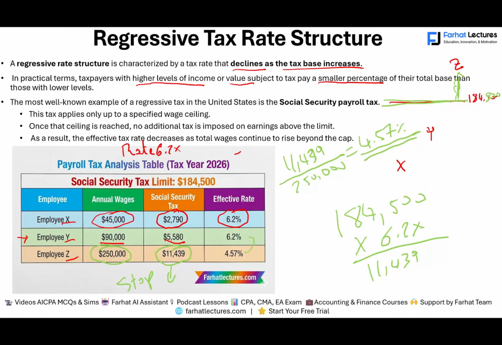That's lower than employee Y and lower than employee X in terms of percentage. If another employee made $500,000, their effective tax rate would be cut in half again. The more you make, the lower the percentage you pay, because Social Security stops at a certain point.